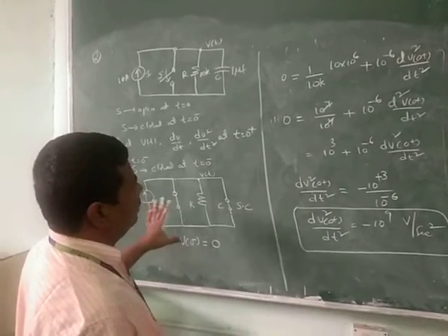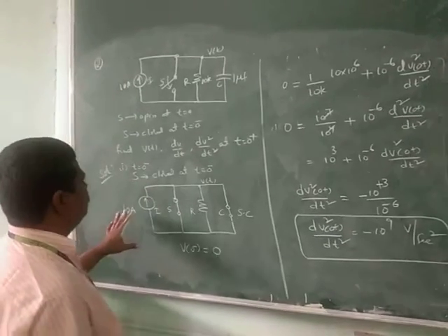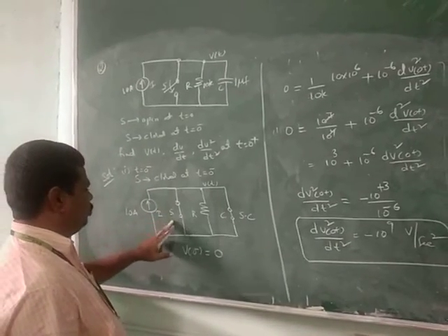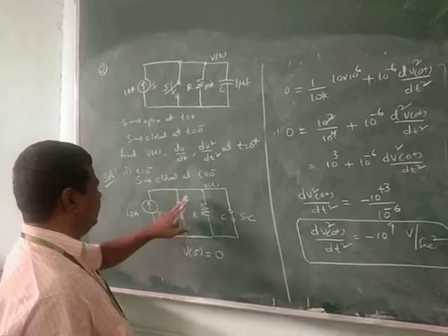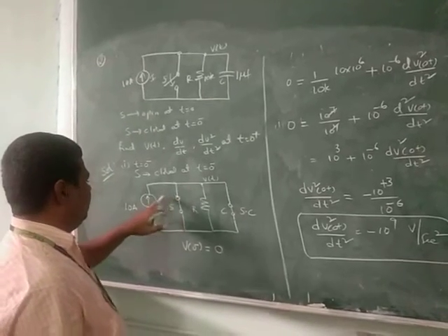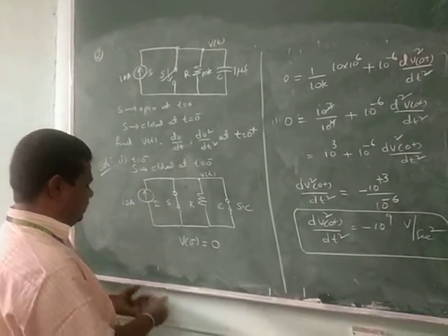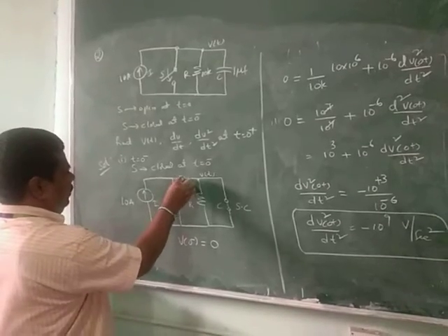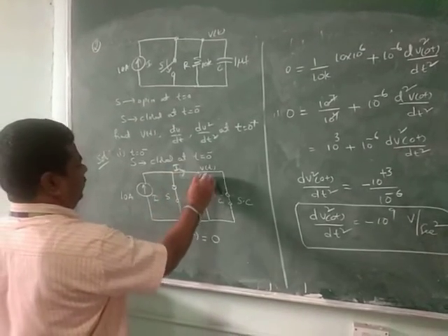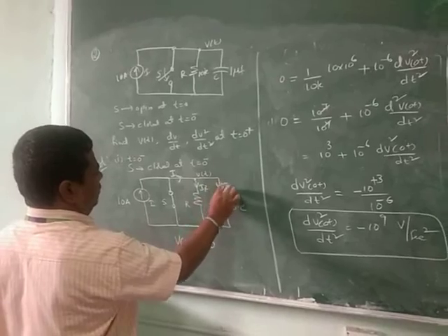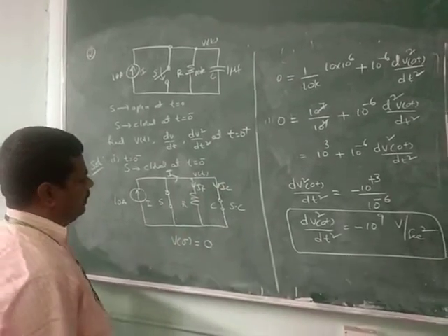And coming to the third case, when t is greater than 0, the switch is open, then apply Kirchhoff's current law. This is the incoming current, I, divided into two parts, IR plus IC.